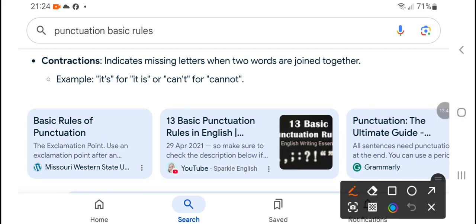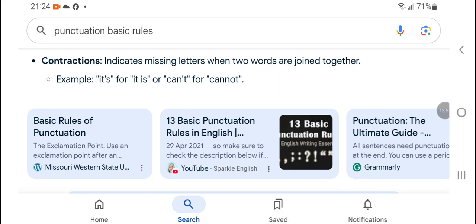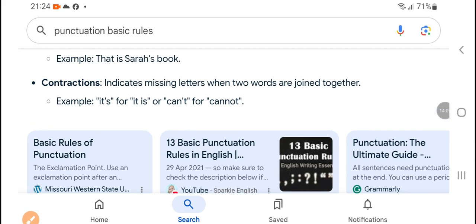So "it's" is "it is," and the letter i is missing in this case. Also "can't" for "cannot." So for missing letters, the apostrophe is used.